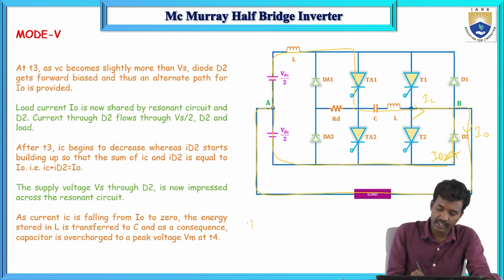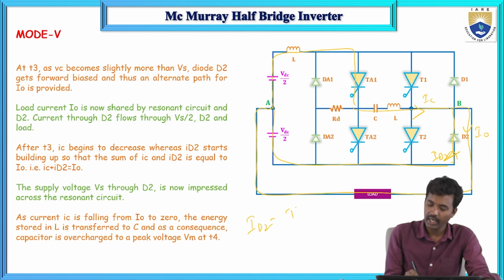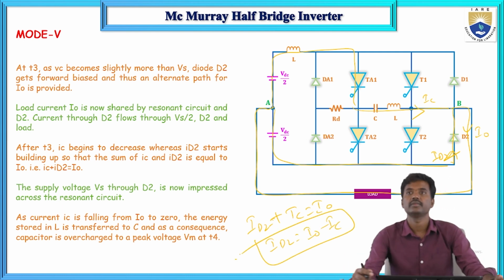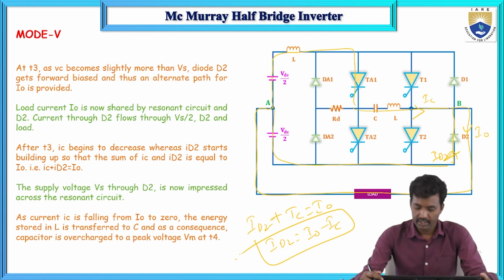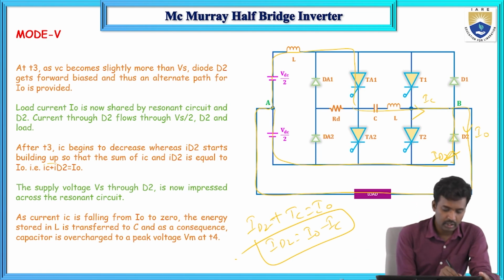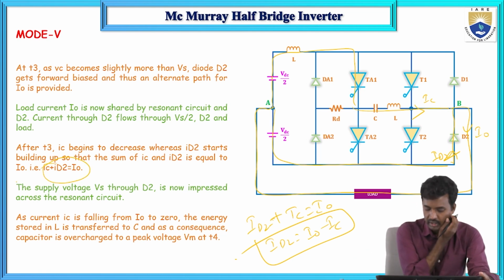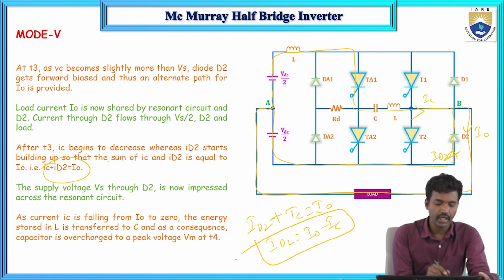So ID2 plus IC equals I0, therefore ID2 equals I0 minus IC.